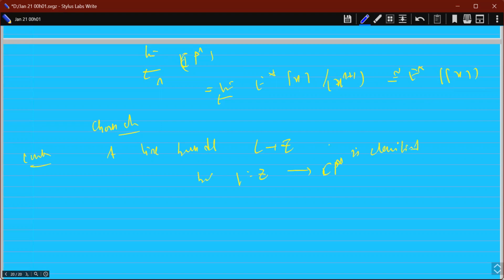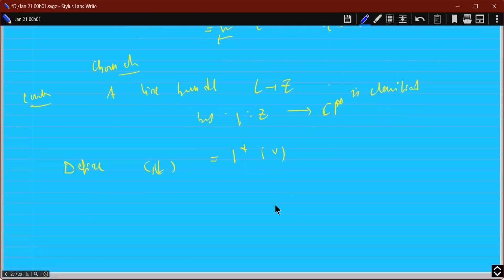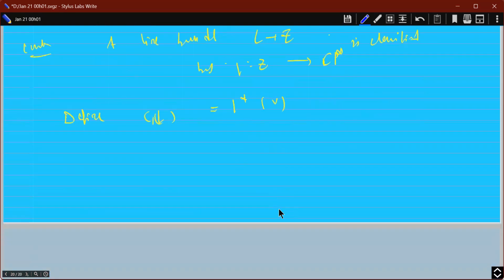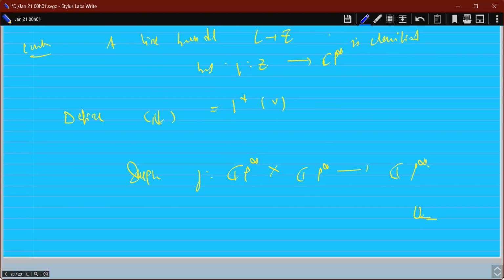Now suppose we define this map, and we call it this. Suppose this classifies the universal line bundle. So what do we get?